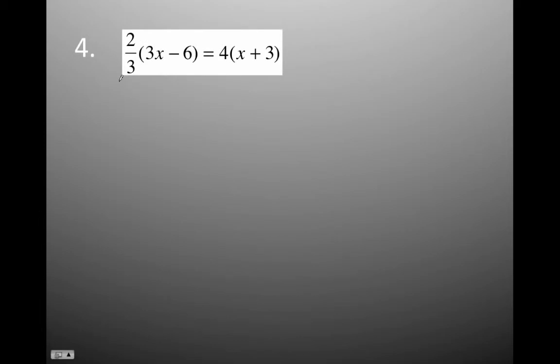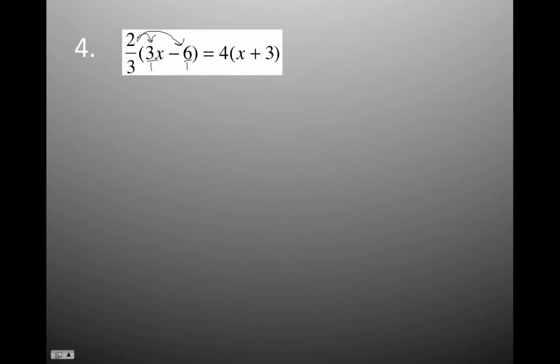We're going to look at this problem here with a fraction in it. We're going to do the same thing that we would do if we had whole numbers out front: distribute the fraction to both terms. All we have to do is make the whole numbers inside into fractions.